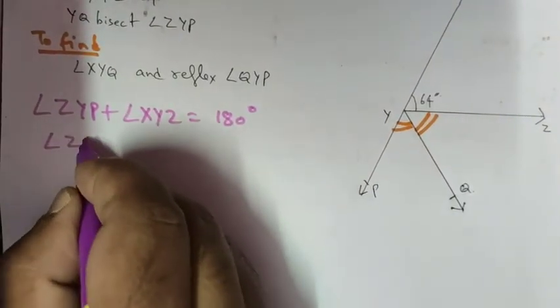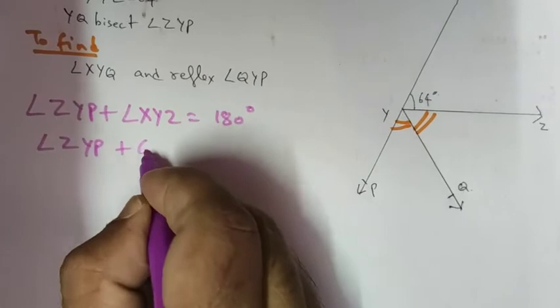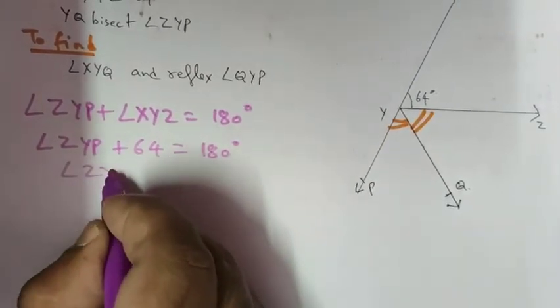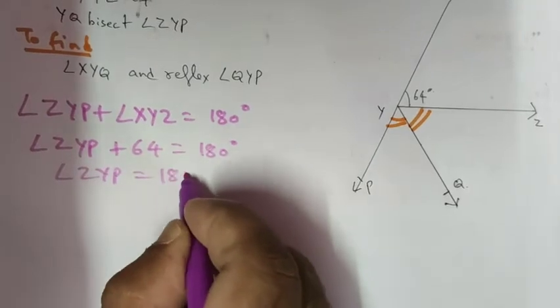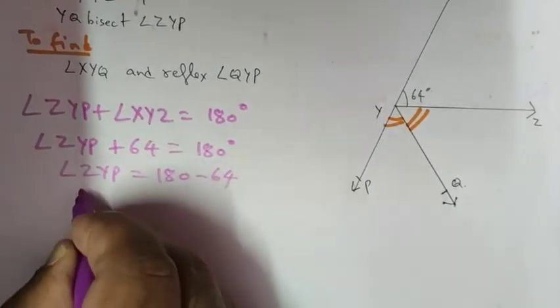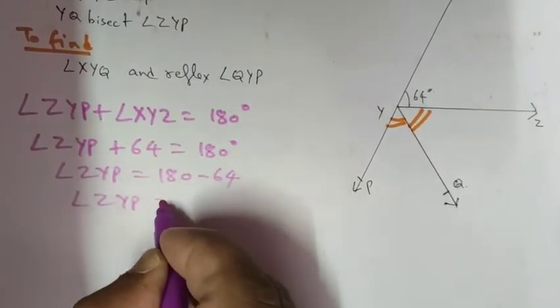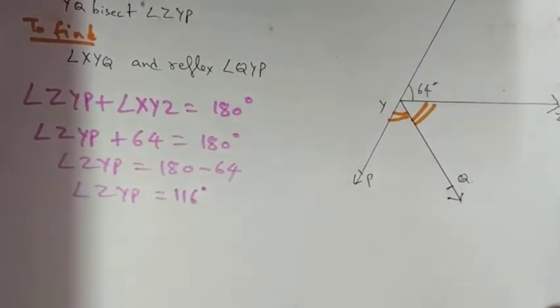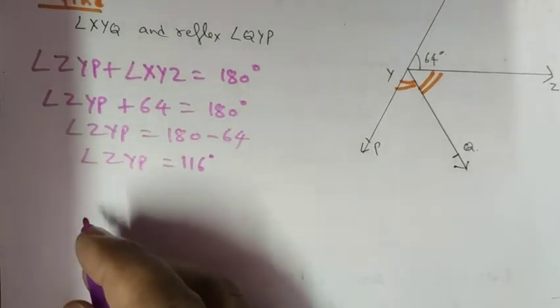So angle ZYP plus 64 equals 180. So angle ZYP equals 180 minus 64. Angle ZYP equals 116 degrees.